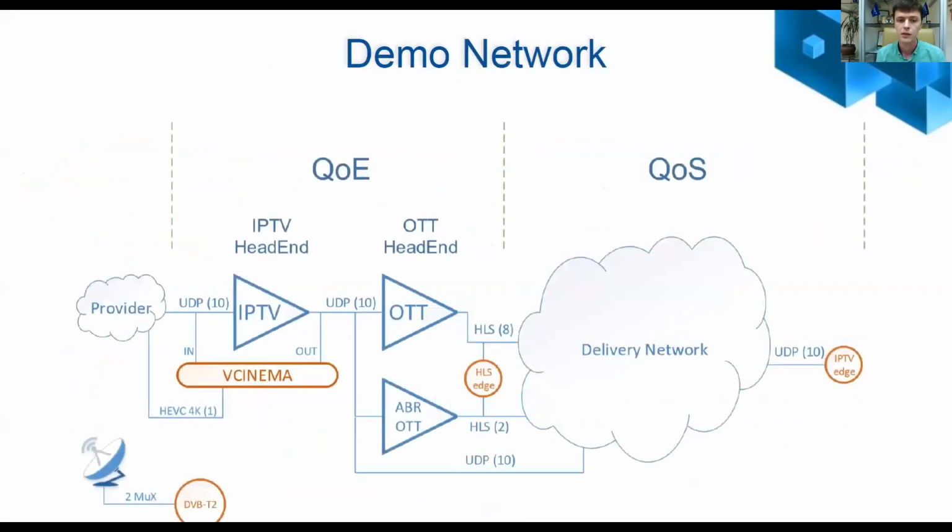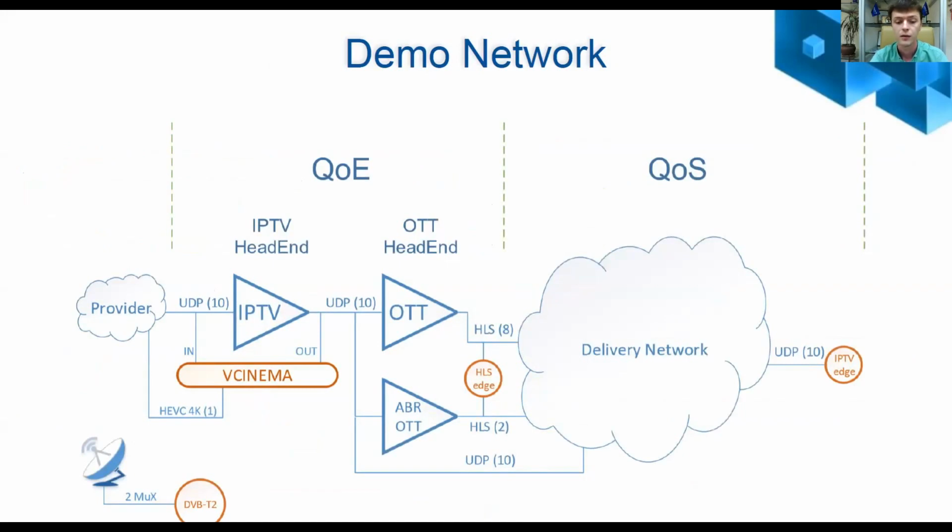I already mentioned our demo, and today I will work with it. First of all, I want to tell you a couple of words about our demo network. As you can see on this slide, our network is pretty simple, and we have UDP as input. After that, we transcoded it on a vCinema server.